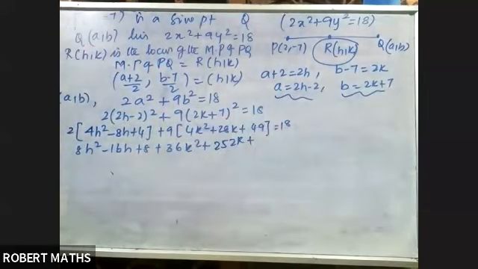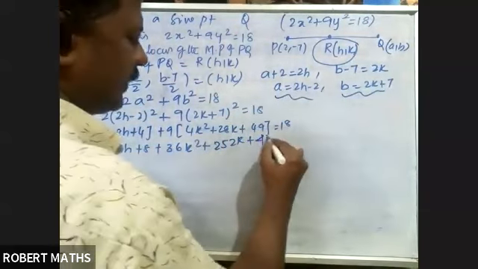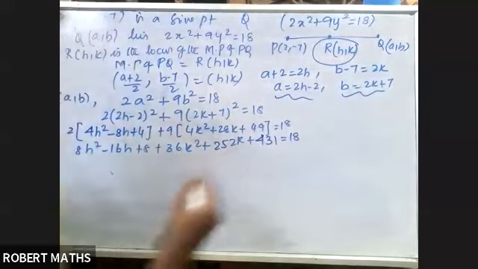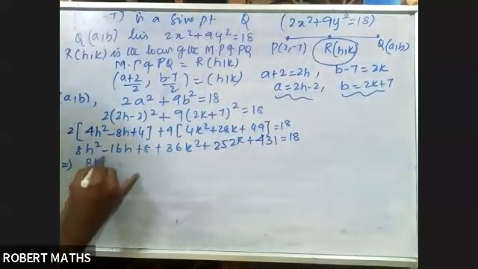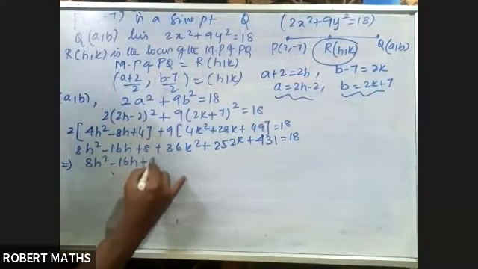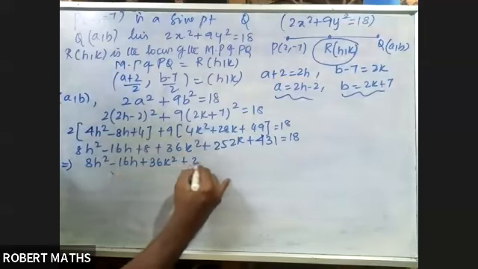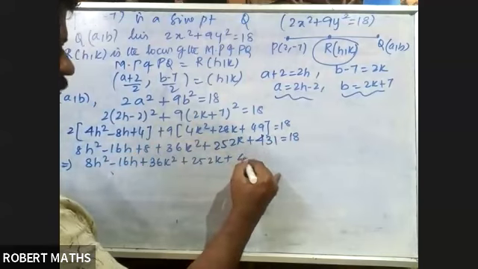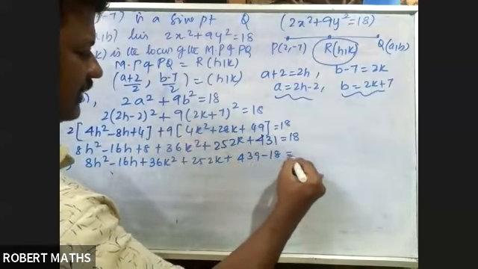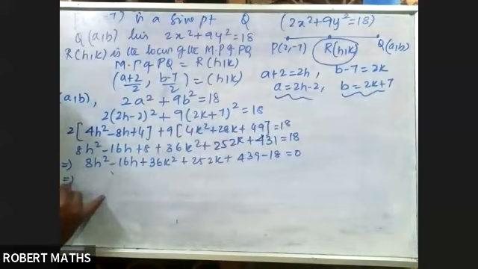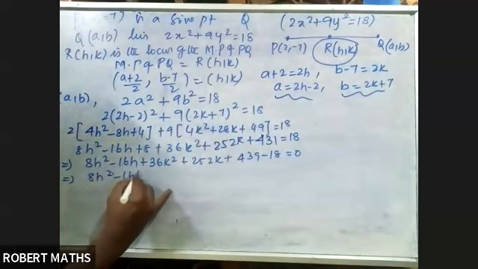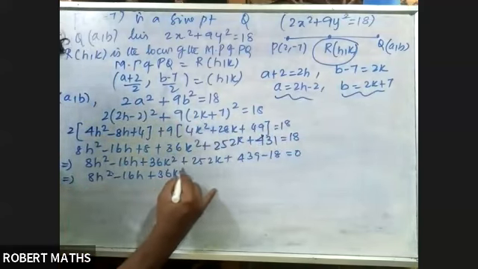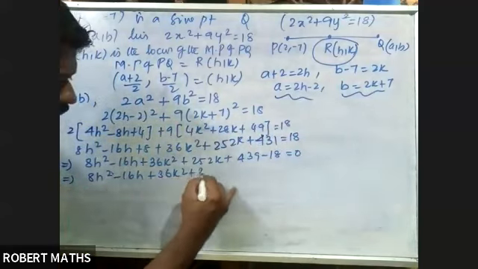Similarly, 490 minus 49, we'll get 431, which is equal to 18. Now we'll get 8h square minus 16h plus 36k square plus 252k, 431 plus 8, 439 minus 18 equal to 0.